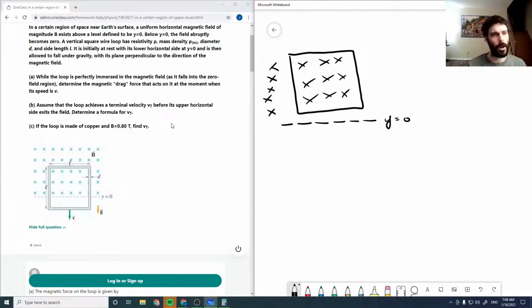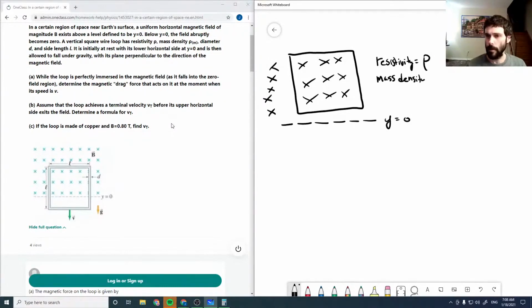Now the wire loop is a square wire loop with resistivity rho, mass density rho m.